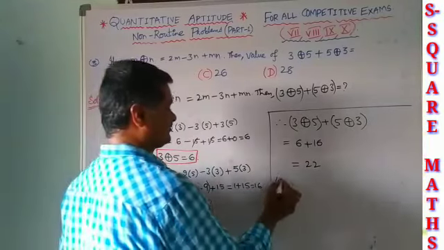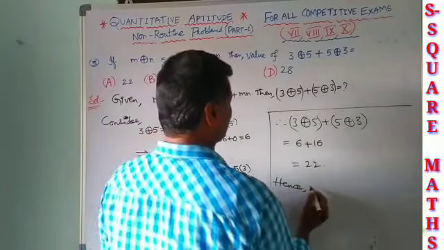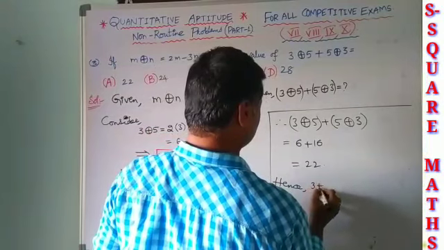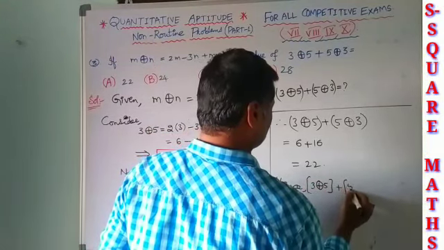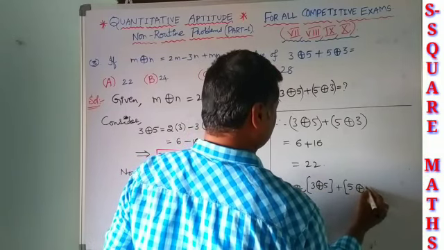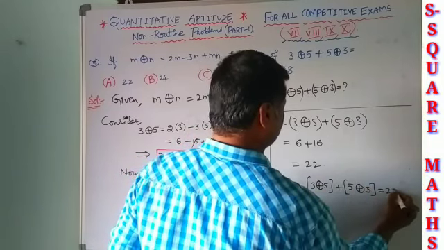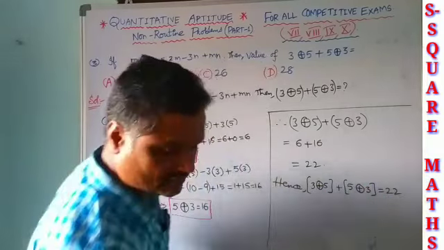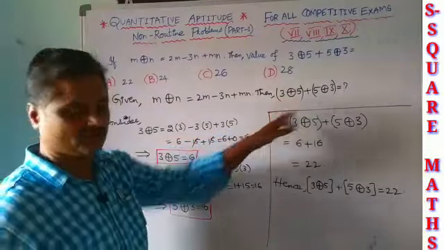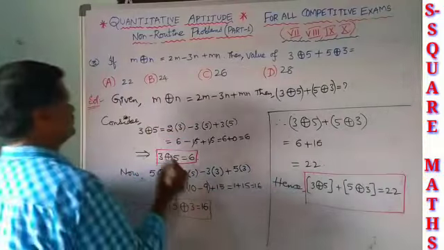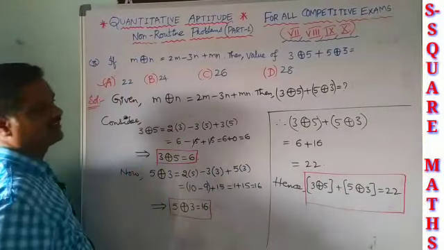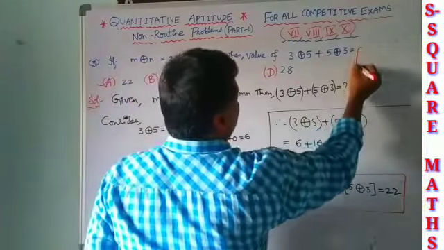Hence the value of the expression 3 circle plus 5 plus 5 circle plus 3 is equal to 22. So hence we obtained our final value. Its answer is 22. So 22 stands for our A option.